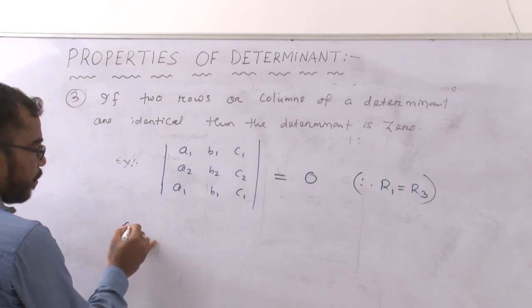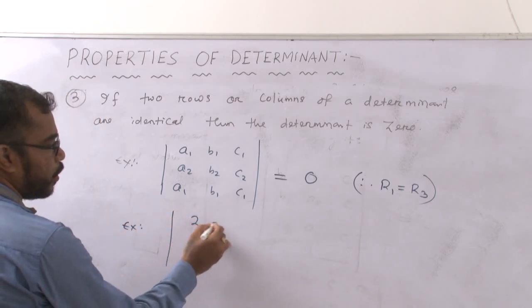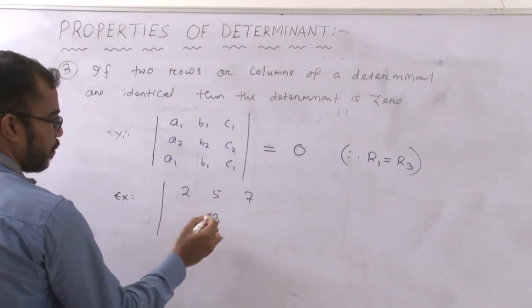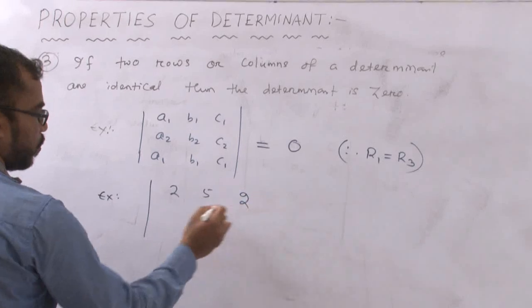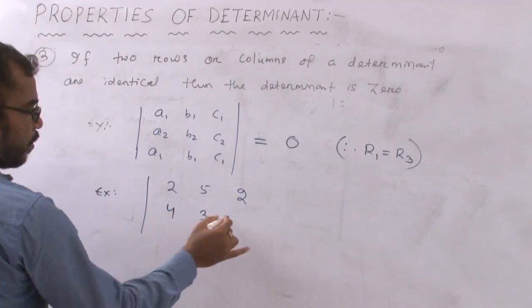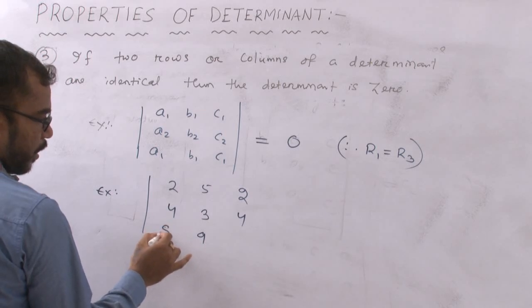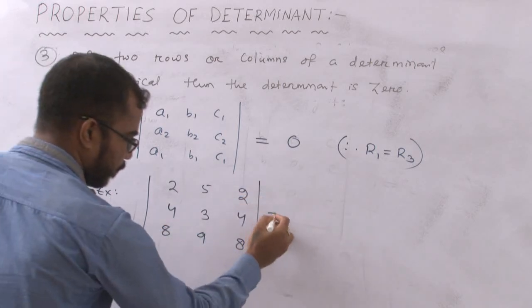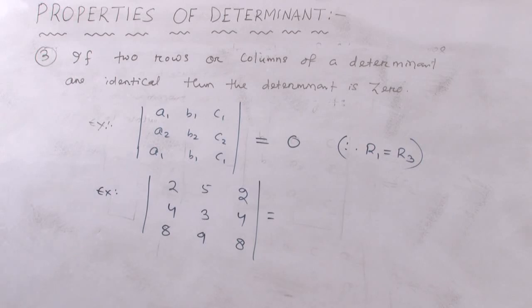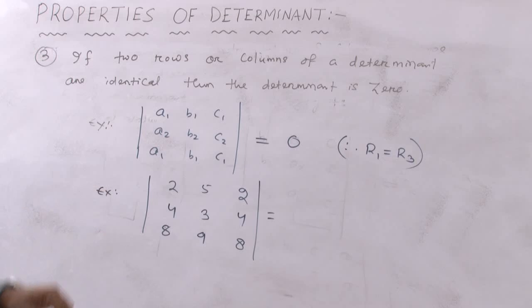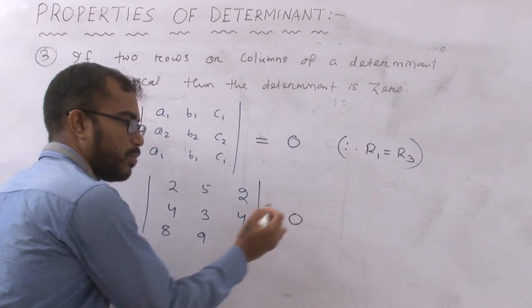Take another example. Suppose 2, 5, 7, 2, 4, 9, 8, etc. In this example, we can directly write 0.